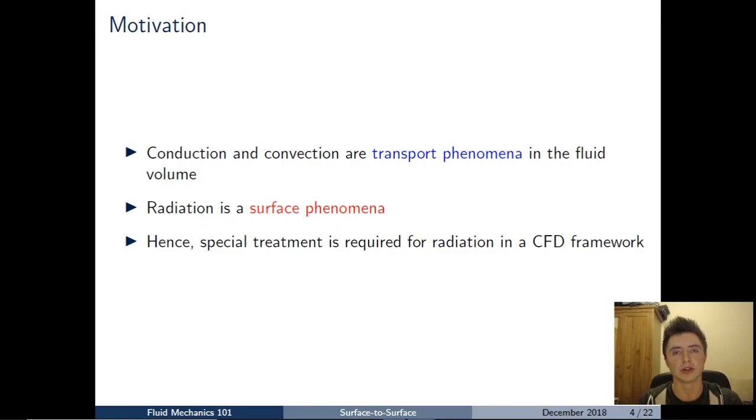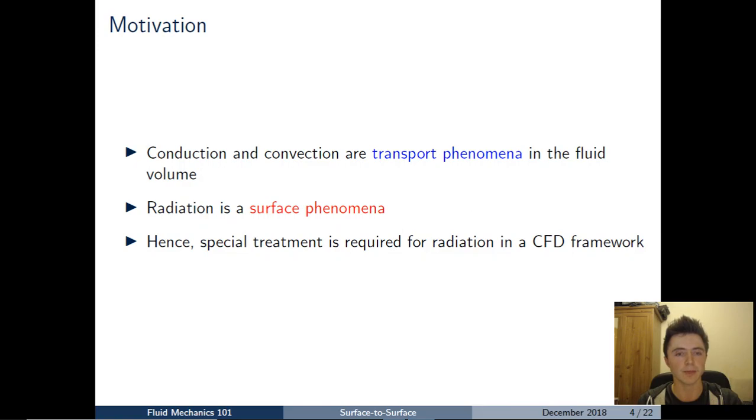So another point to quickly address before we move on, conduction and convection are transport phenomena that usually occur through the fluid volume, whereas radiation is a surface phenomenon that occurs on the surface of the solid bodies that we're solving for.